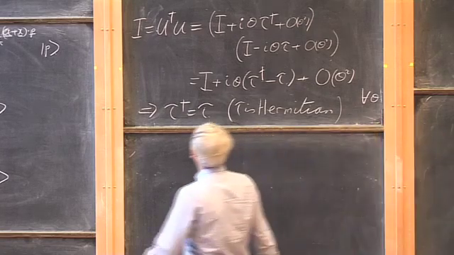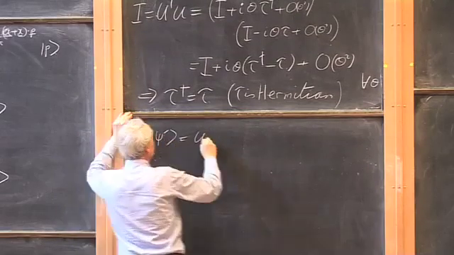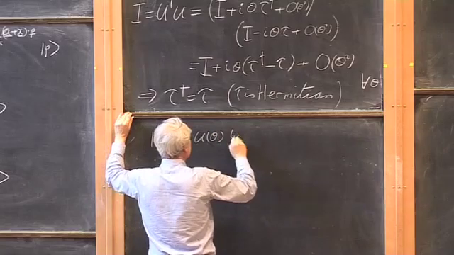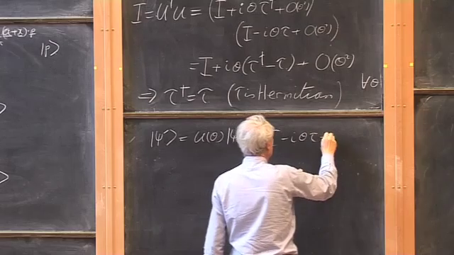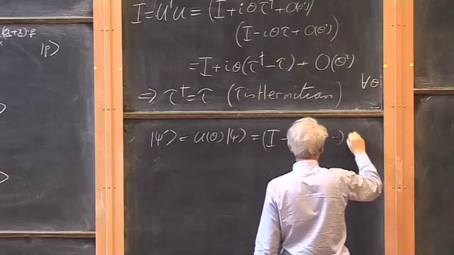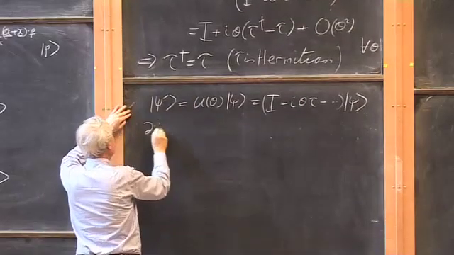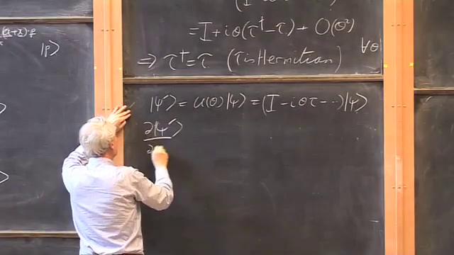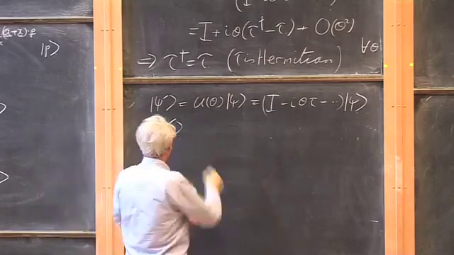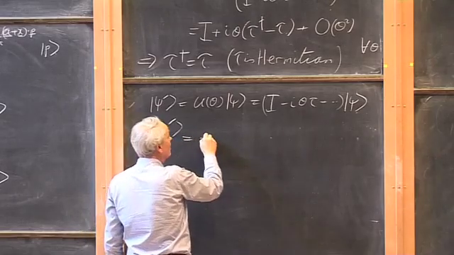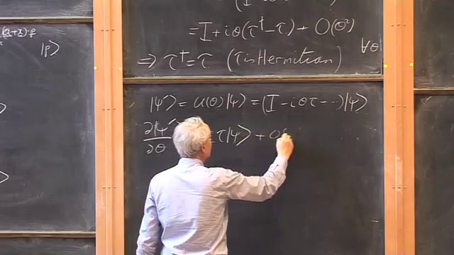Right, and if we write the equation psi primed is equal to U of theta times psi, which is equal to 1 minus i theta tau plus so on, times psi, and we do d psi primed by d theta, we find that this is equal to minus i tau psi plus order theta squared.